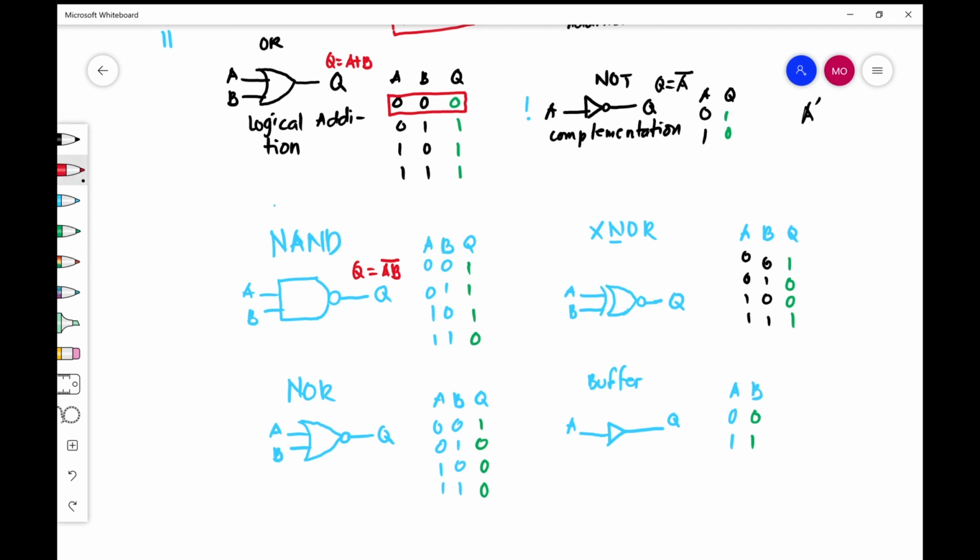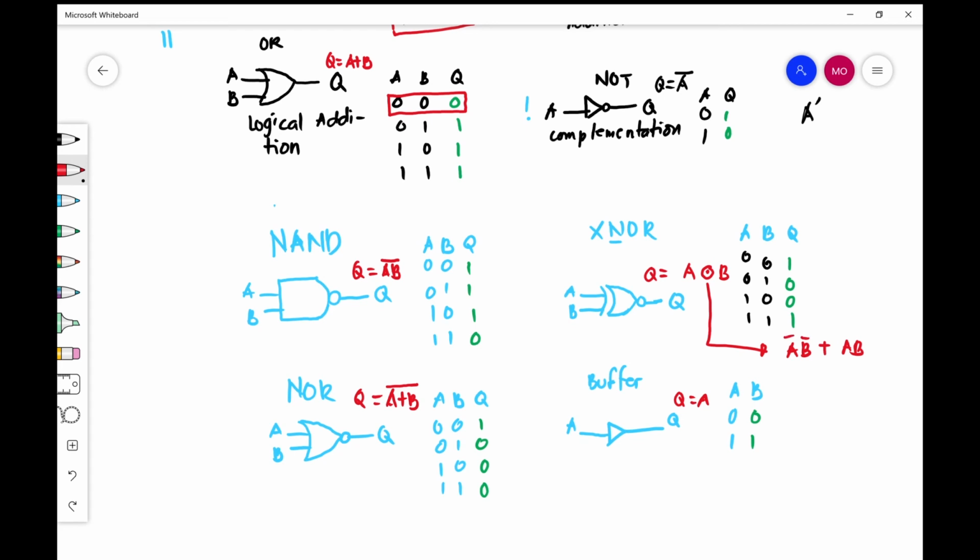Now, for the equation of your NOR, it's also the same as Q is equal to A plus B with a NOT on top. For your XNOR, Q is equal to A times B and circle in between them. Okay. And finally, Q is equal to A. Now guys, some books would expand this as AB plus AB, but there's a bar on top.